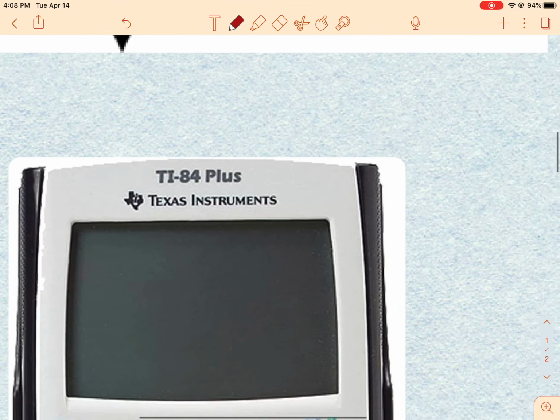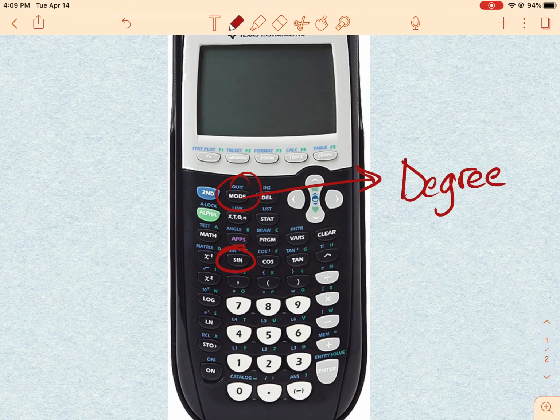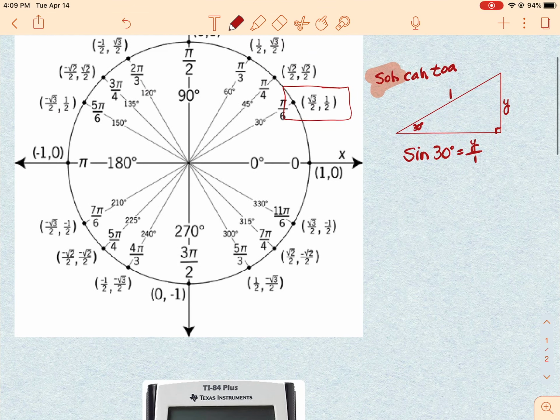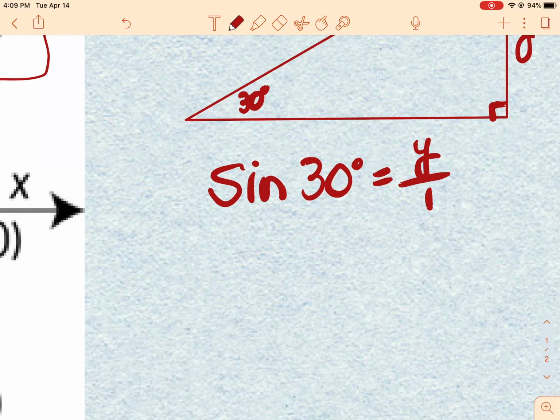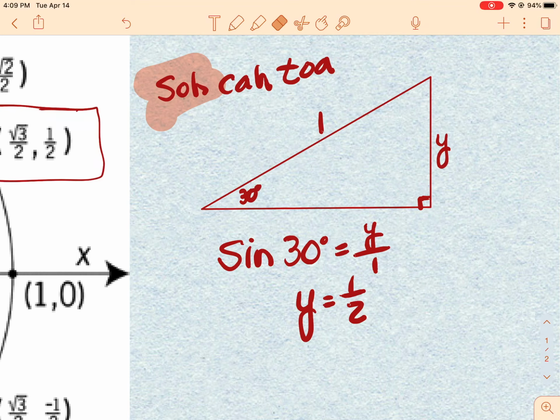If we put that in our calculator, remember the sine key is right there, and you have to make sure you're in degree mode. And if we hit sine of 30 degrees, we get 0.5, which is 1/2. So y is 1/2. So I'm going to go ahead and replace that with 1/2.